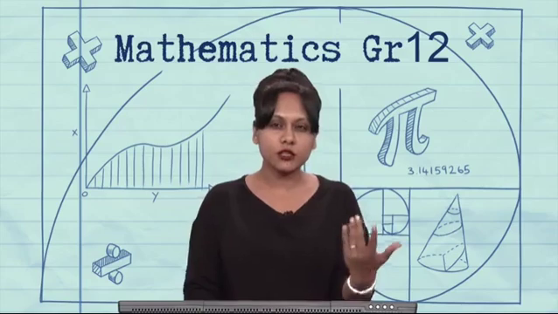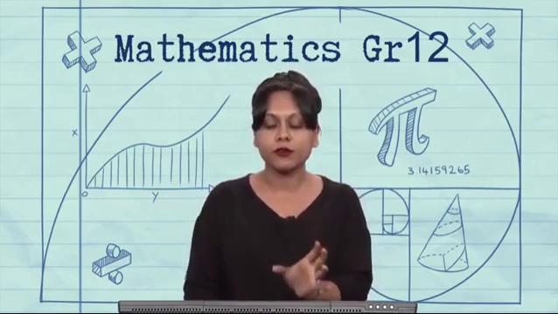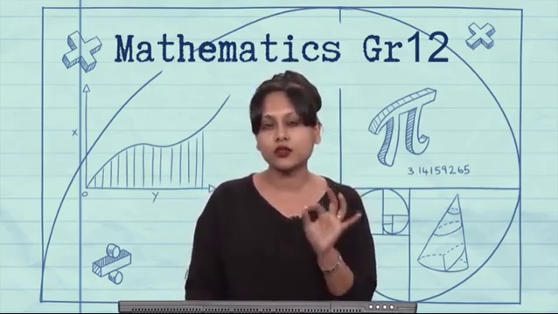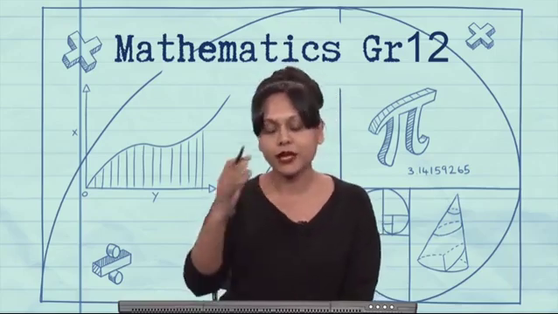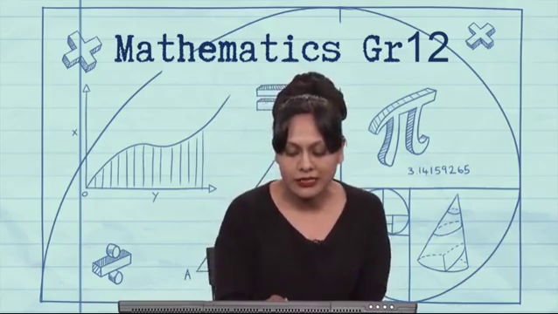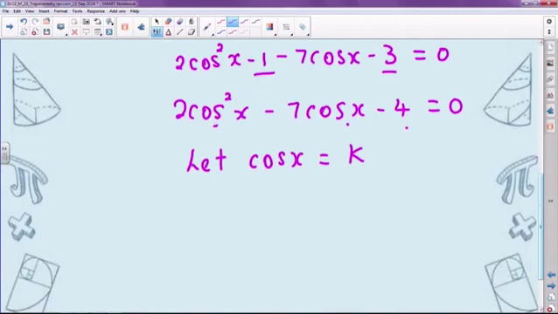So what I suggest to learners who are struggling to see the factorized form of this trigonometric trinomial is to use a k, the letter k, to help you simplify this. So you can say let cos x equal k, and that will help you simplify this trinomial a little bit more.